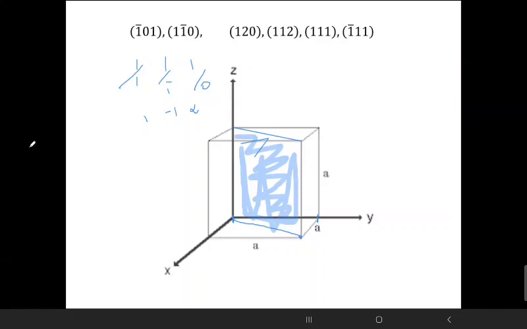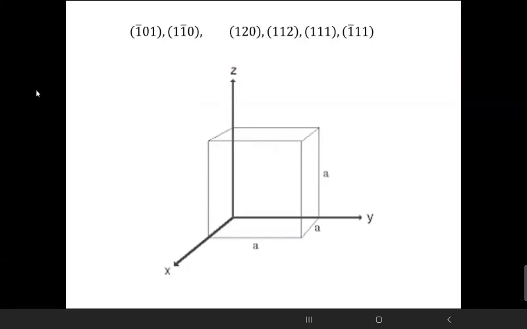And the third one, 1 2 0. You need to find the reciprocal: 1 over 1, 1 over 2, 1 over 0. So 1, half, infinity. So x is 1, y is half, then z is infinity. You need to draw it this way, and here also.